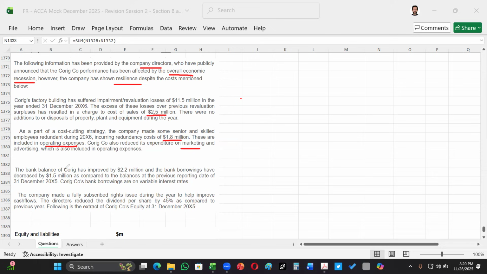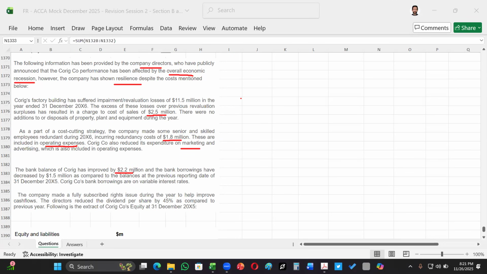Okay, so we can now see the bank balance of Corico has improved by 2.2 million, and the bank borrowings have decreased by 1.5 million as compared to the balances at the previous reporting date of 31st of December 2025. And Corico's bank borrowings are on a variable interest rate. Okay, so the situation has improved, the bank balance has improved by 2.2 million.